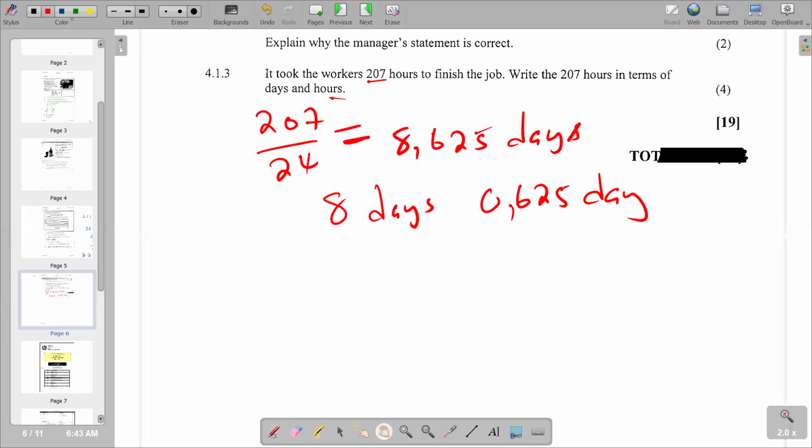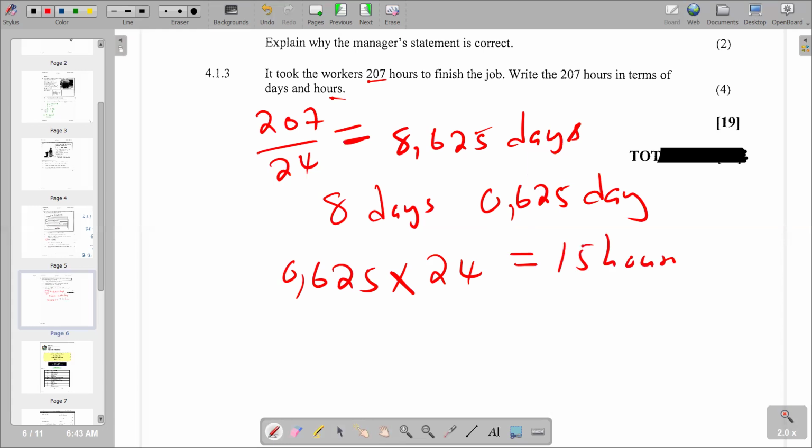So basically, we know that we have 24 hours in a day. So to get the fraction of 0.625 as in number of hours, we are going to say 0.625, and then we multiply by 24 hours in a day. And you see that the answer that we are going to get is going to be 15 hours.